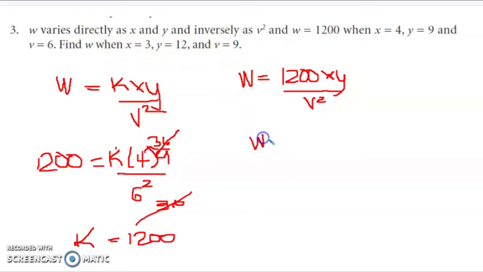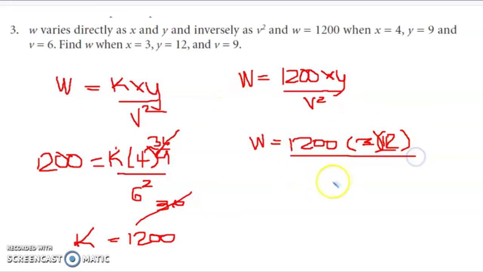So that would be W is equal to 1200. Here X is 3. Okay, that is 3. And Y is 12. So times 12, 12. All over V squared is 9 squared.